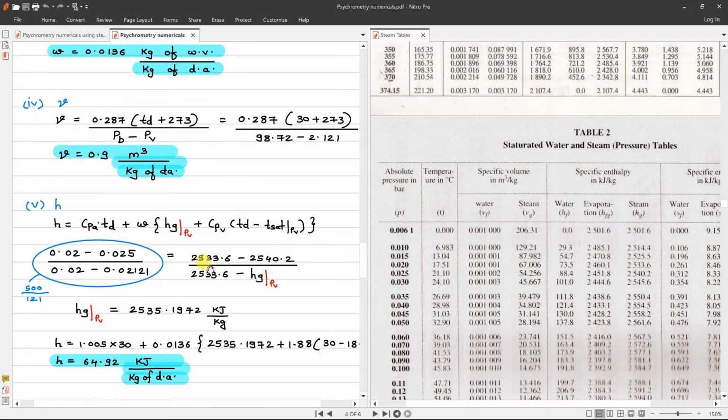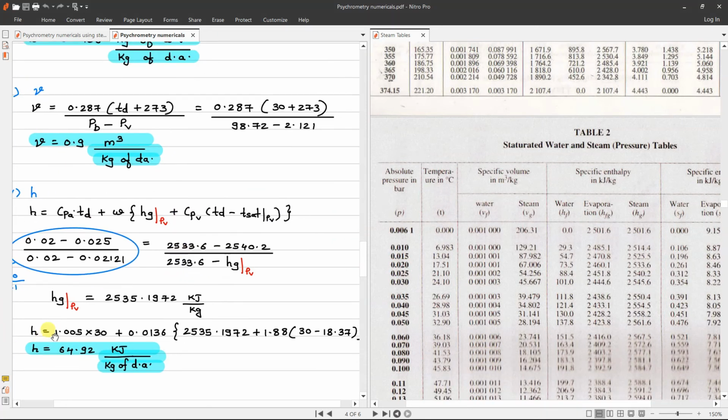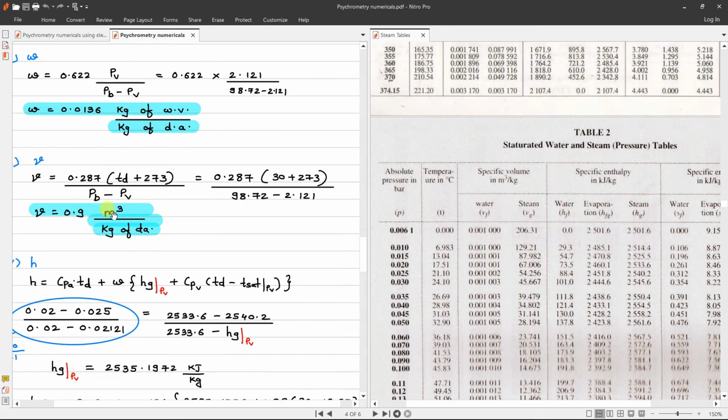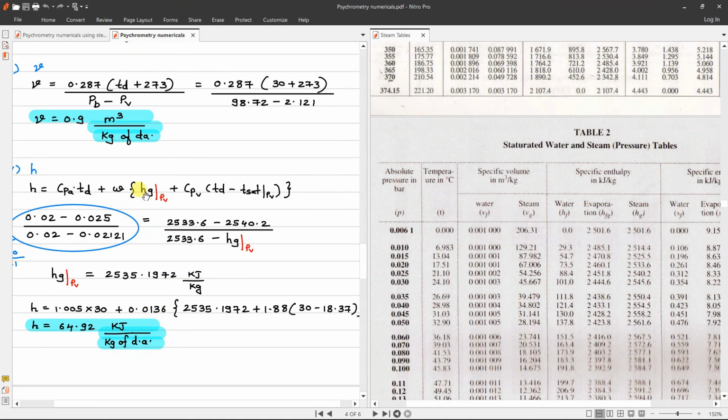Now substitute all the values in the equation. H is equal to Cpa 1.005 kilojoule per kg Kelvin into dry bulb temperature 30, plus specific humidity we have calculated, 0.0136, in bracket Hg at PV 2535.1972, plus Cp of vapor 1.88 kilojoule per kg Kelvin in bracket Td minus Tsat at PV.